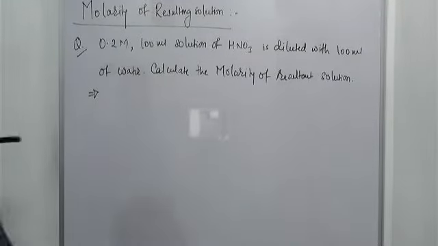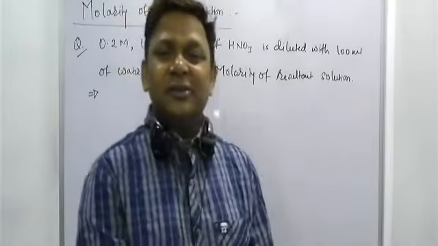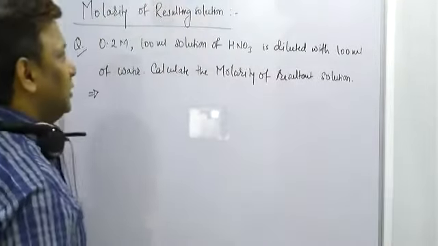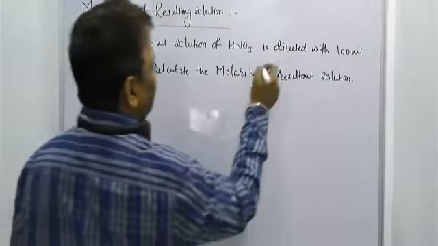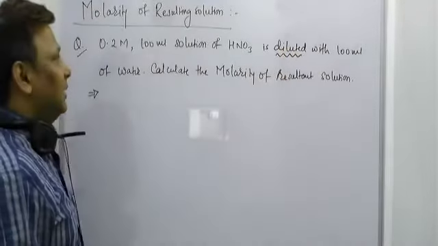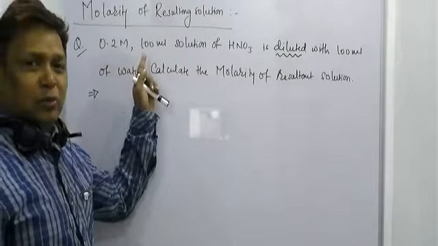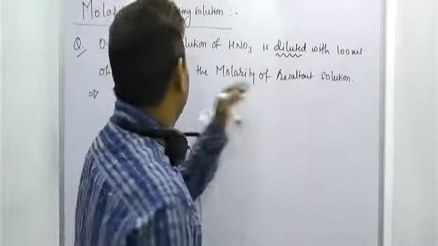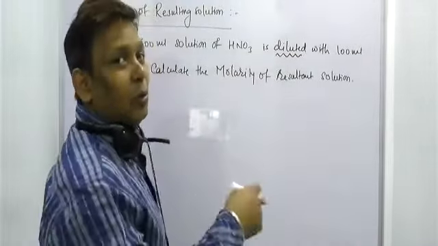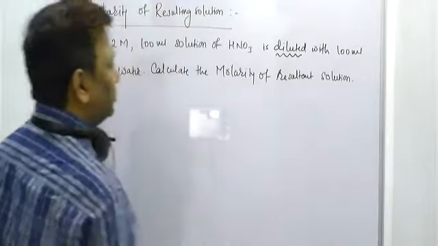See beta, this is a question which I have given. It is a question based on the dilution law, not the molarity of the resulting solution. Because you already have 0.2 molar 100 ml diluted with 100 ml of water. What is the molarity of the diluted solution?